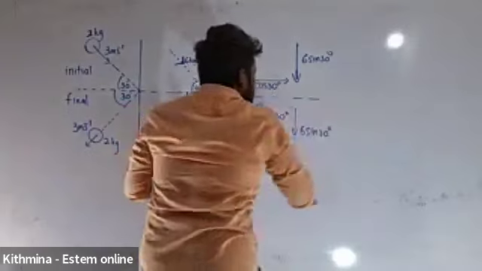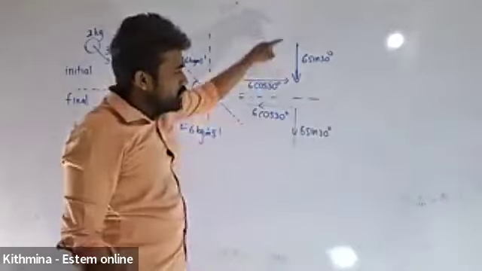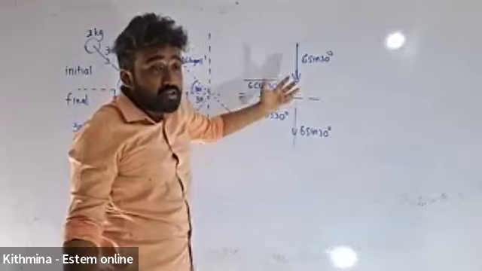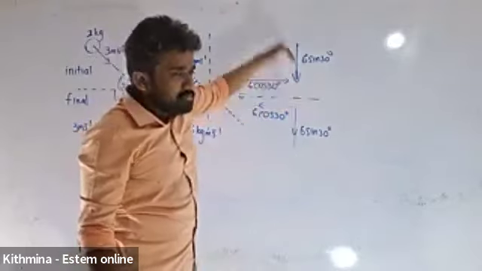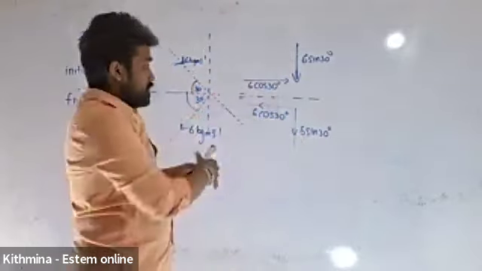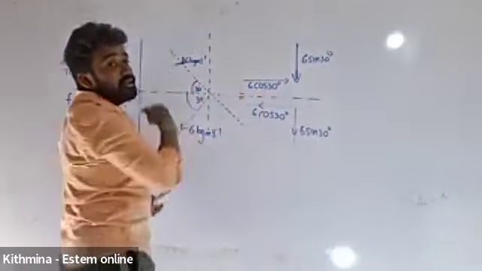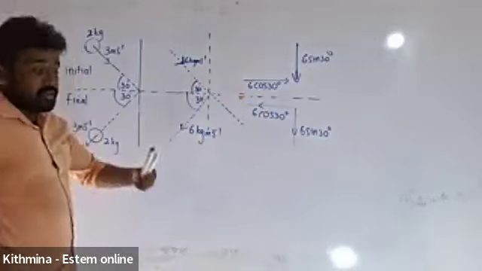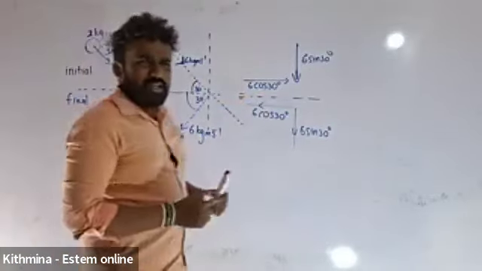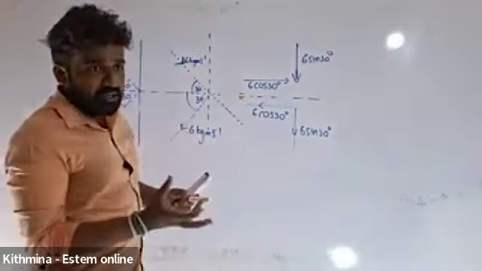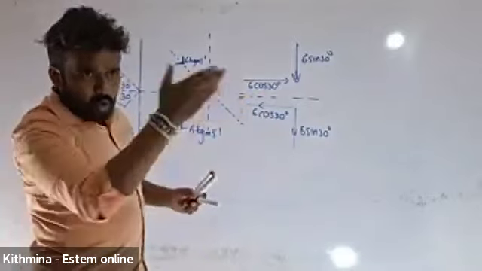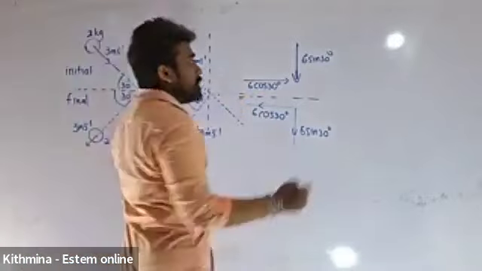We can clearly see that in the downward direction the momentum does not change. But in this direction, the momentum is changed by 180 degrees. Therefore, we normally check the momentum change in both perpendicular directions.